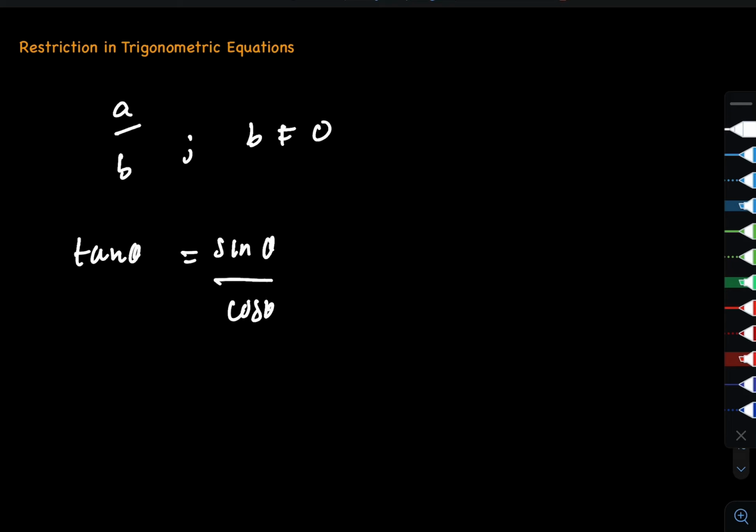All right, so if you're given tangent theta, which is sin theta over cosine theta, you know that the denominator here is cosine theta. Now we have to put a restriction as far as the cosine theta is involved. Now the denominator here is not supposed to be 0.